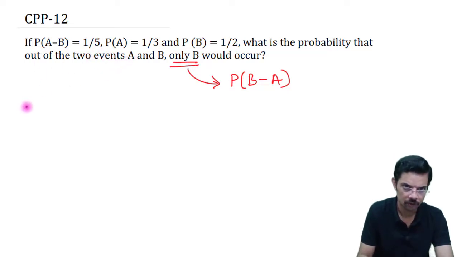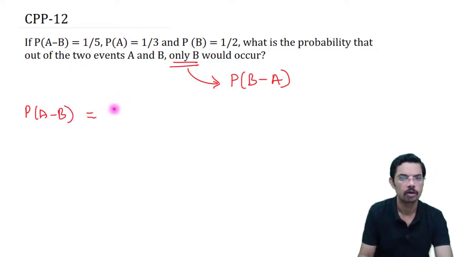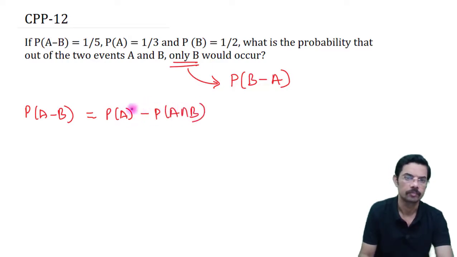Okay. So what is P of A minus B? P of A minus B will be equal to P of A minus P of A intersection B. Okay. So therefore, what is P of A minus B? P of A minus B is given to you as 1 by 5. What is P of A?